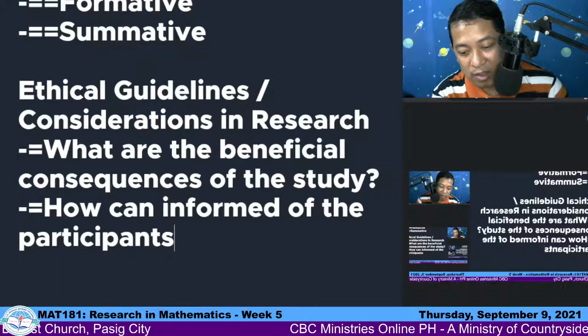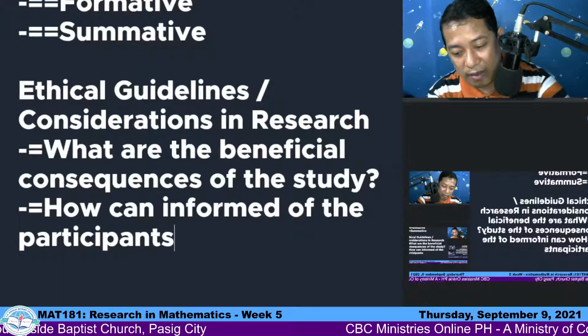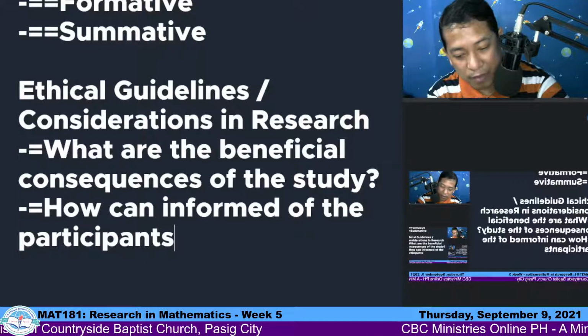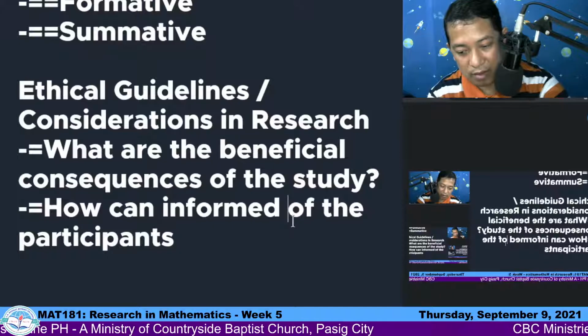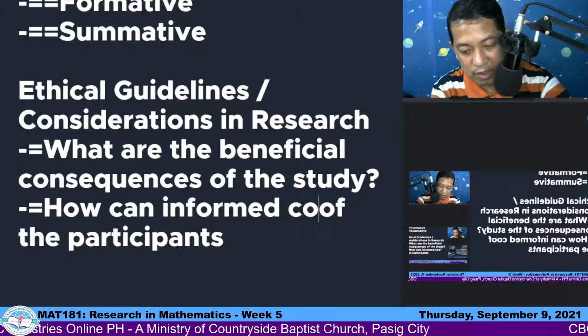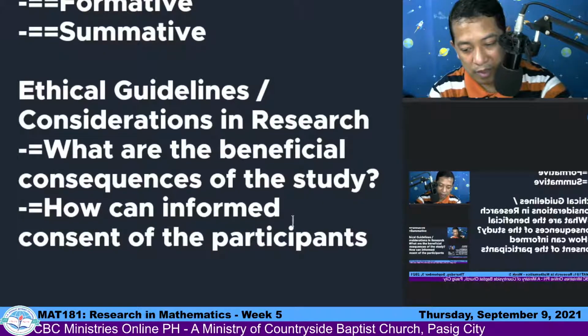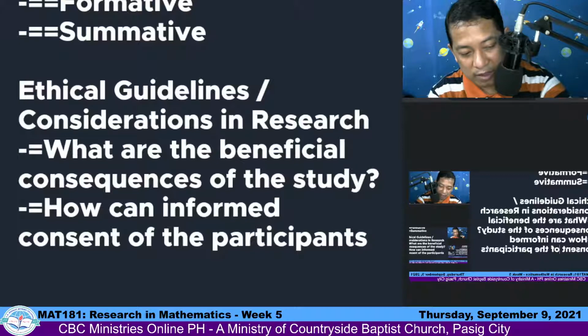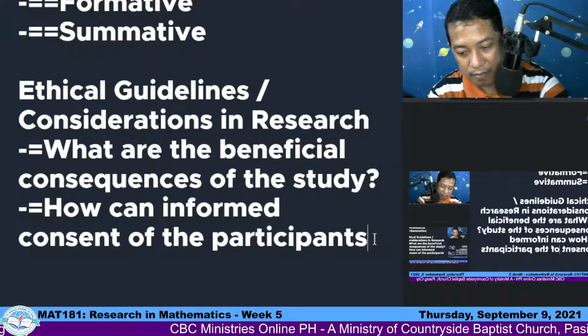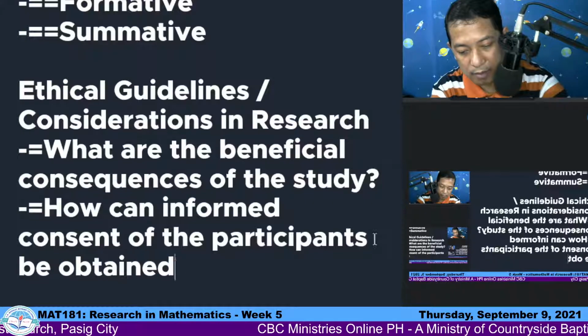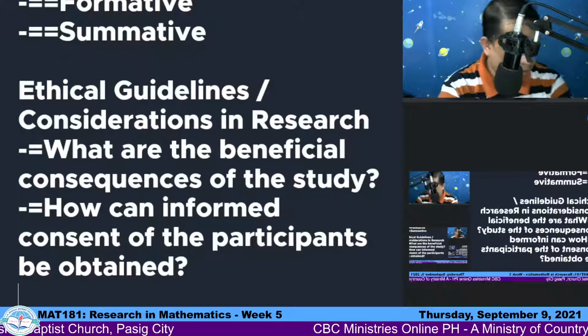So how can informed consent of the participants be obtained? Napakahalagang aspeto nito.